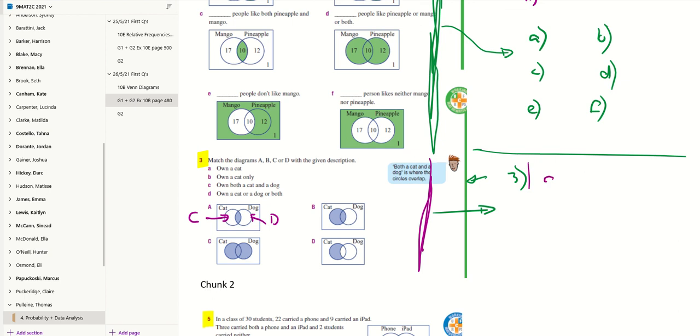You need to write which of these letters. So we've got A, B, C, D are our labels on those. So you're just going to write down the letter corresponding. So the first one is how many people own a cat. Second one is how many people own a cat only. Third, how many people own both a cat and a dog. And the last one is how many people own a cat or a dog or both.